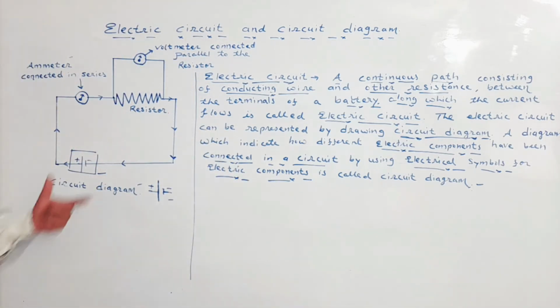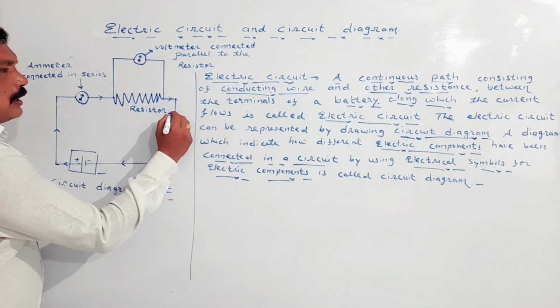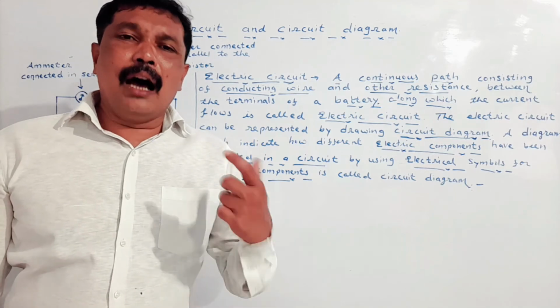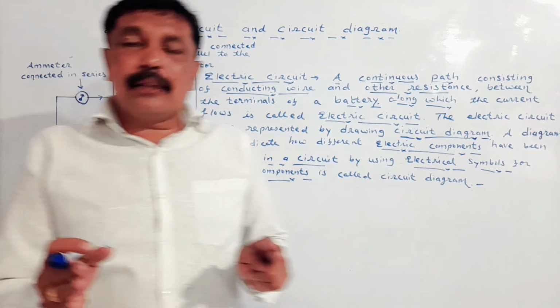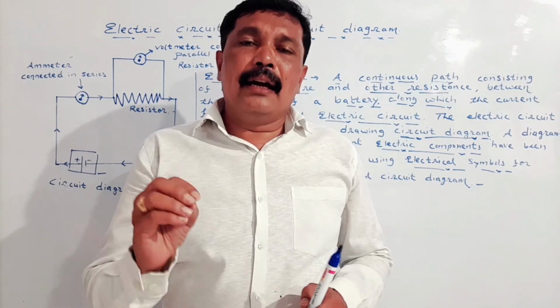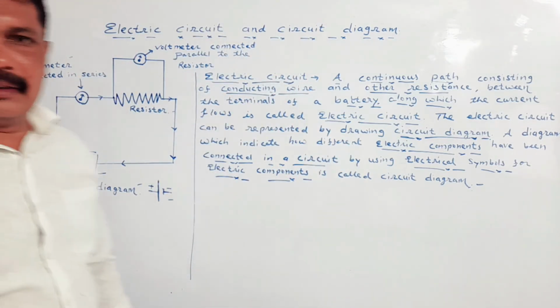The another component shown in the circuit diagram is a zigzag line and it is called as resistor. Now we can measure the potential difference across this resistor by attaching it with a voltmeter.